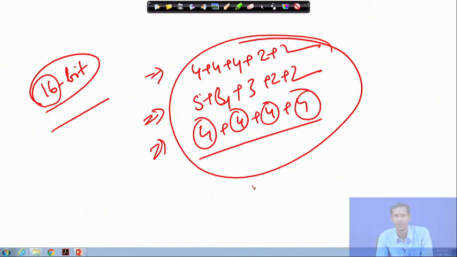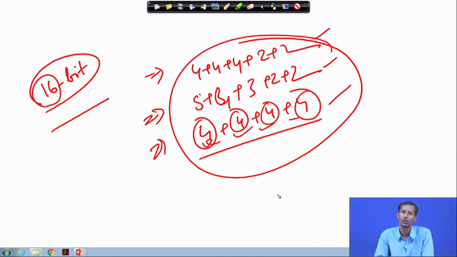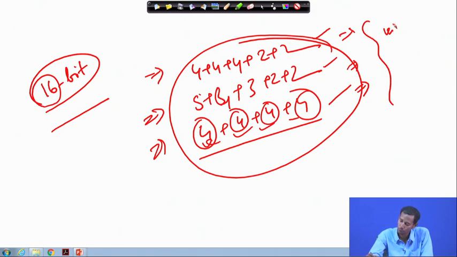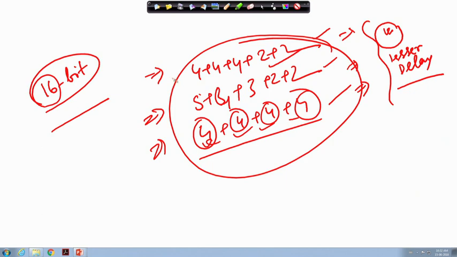Each topology gives a different delay, and the combination that gives the lesser delay will be your ultimate combination for implementing the carry select adder.